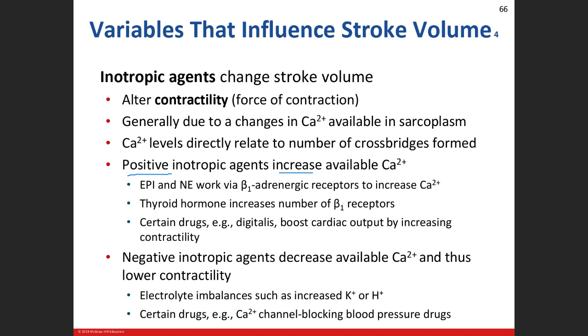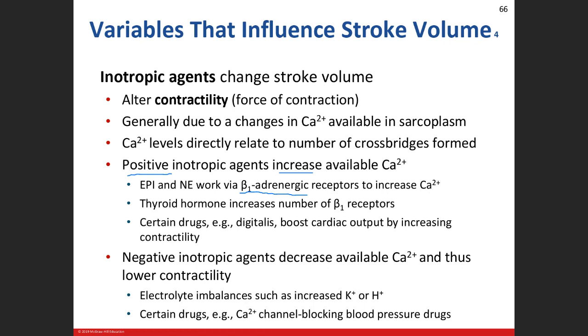And it's the same thing we saw before when we were talking about the chronotropic agents. So we'll see stimulation of the beta-1 adrenergic receptors, and we know that story there, and how that affects calcium inflow. Because it eventually will open up those calcium gates on the plasma membrane of the cardiac cell, and it'll also help to increase the release of calcium from the sarcoplasmic reticulum.